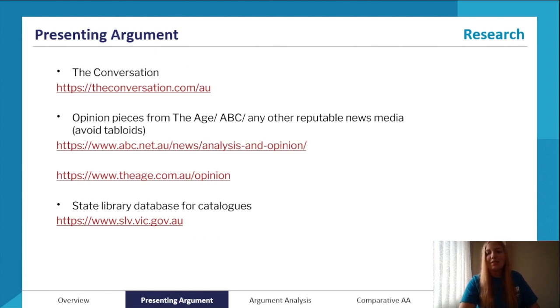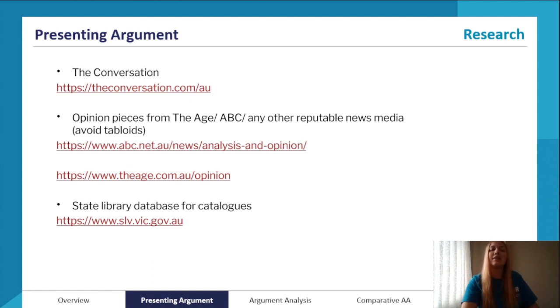There are lots of ideas, hopefully. And of course, research is a crucial part of developing your oral presentation. So here are some links to some websites that can give you a lot of articles. Essentially, once you've chosen your topic, you're going to have to read up on it, get some ideas for your own writing by seeing some articles and the persuasive devices that they use, and also accumulate some things that you want to put in your oral as well.